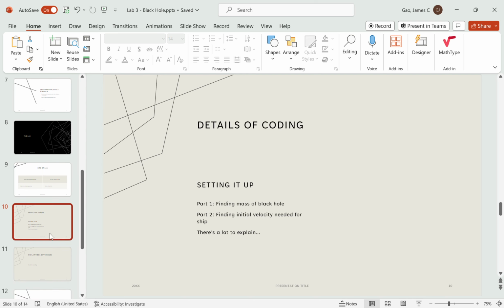So now into the code. First, part 1, finding the mass of a black hole. So I edited this to be the mass of the star. This is just the time in seconds per day. And then right here is where we start to edit the code.